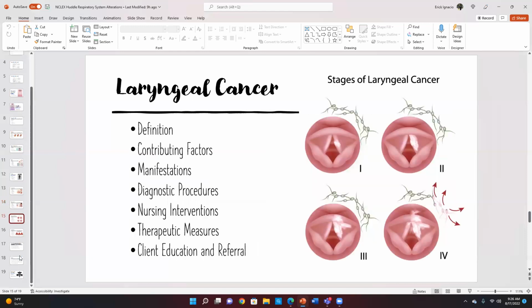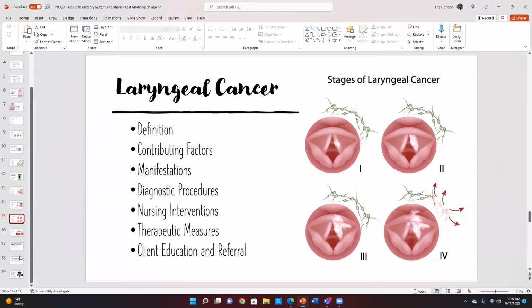Okay, let's now go to laryngeal cancer. Laryngeal cancer, malignant cells occurring in the mucosal tissue of the larynx, more common in men between the ages of 55 and 70. Contributing factors to laryngeal cancer: smoking, radiation exposure, chronic laryngitis, and or straining of the vocal cords.